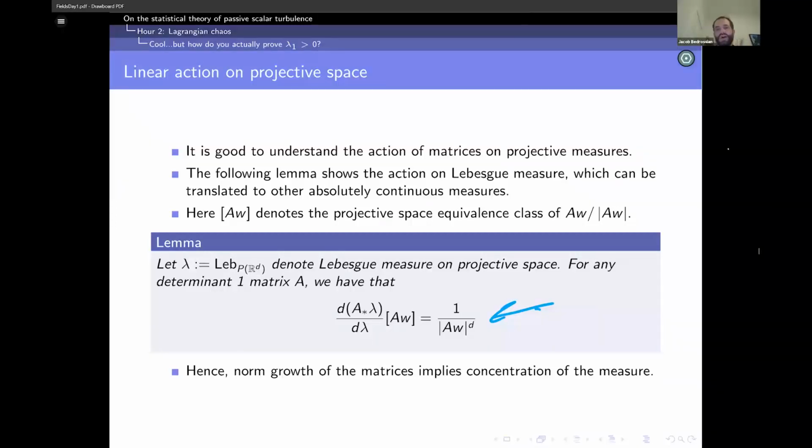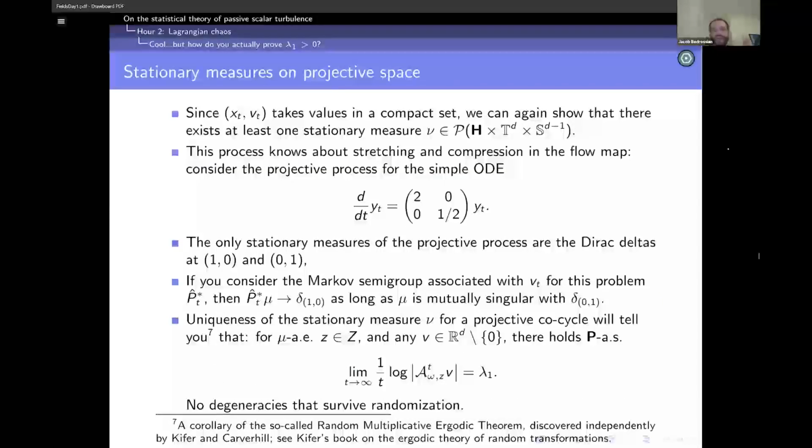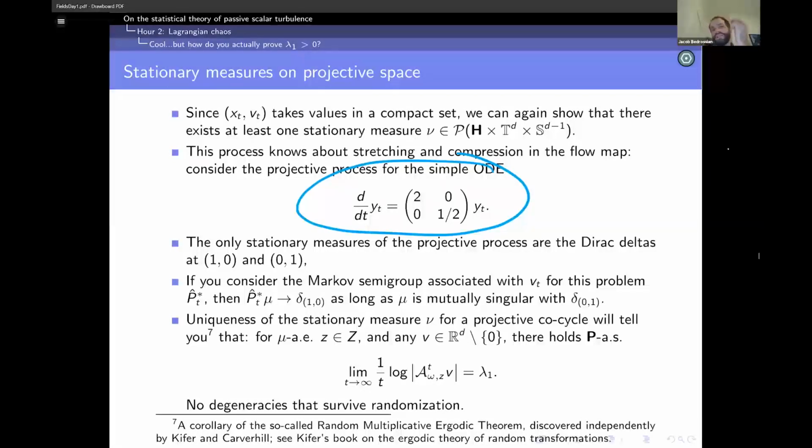Let's see why that's the case with this next example. Let's solve this ODE and see the action of this flow on projective space. If you solve this ODE, the solution is something like e^{2t} and e^{-t} on the diagonal.